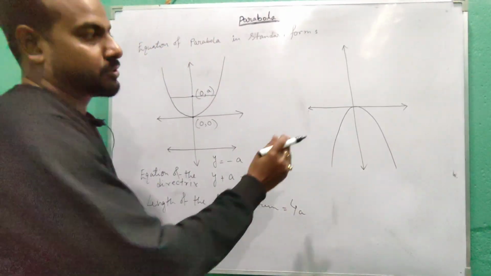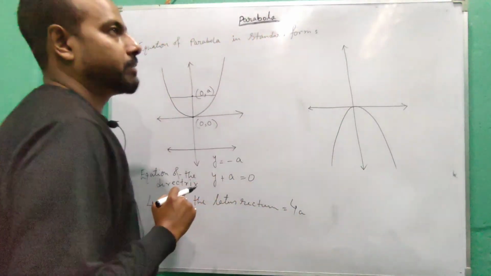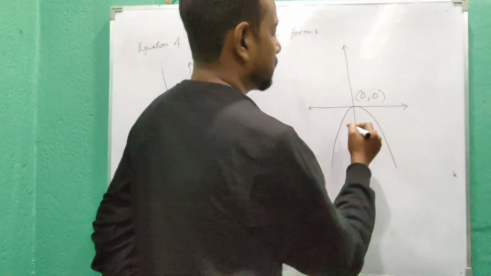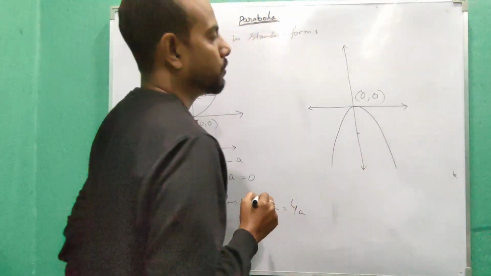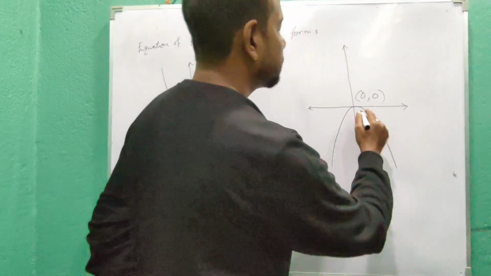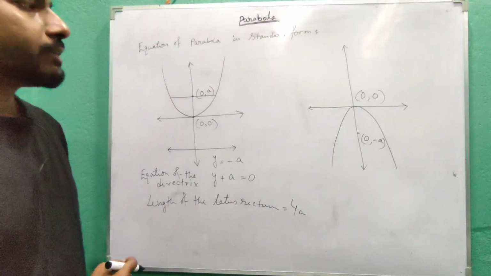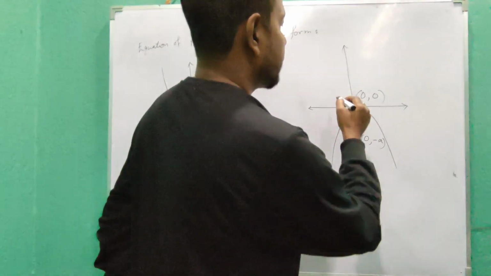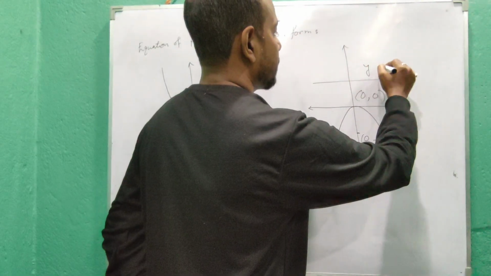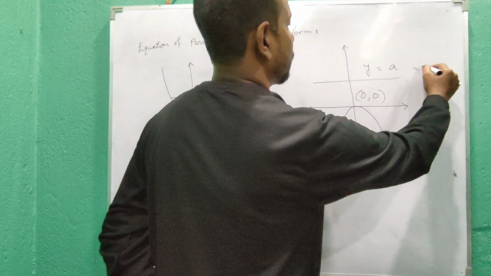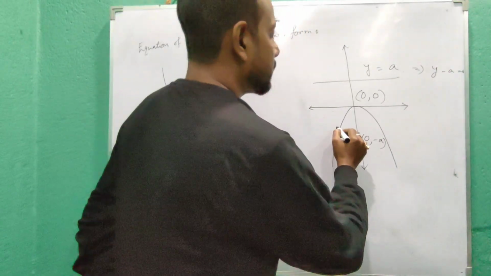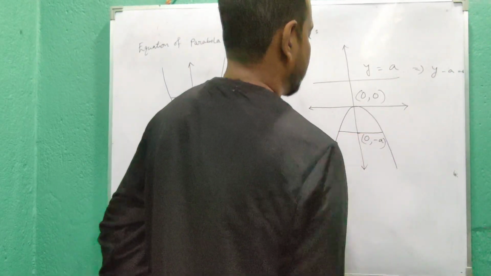Similarly, for this kind of parabola, the vertex is at 0, 0. The focus will be 0 comma minus a, because the axis is the negative y-axis, and the equation of the directrix will be y equal to a, that means y minus a equal to 0, and the length of the latus rectum will be 4a.